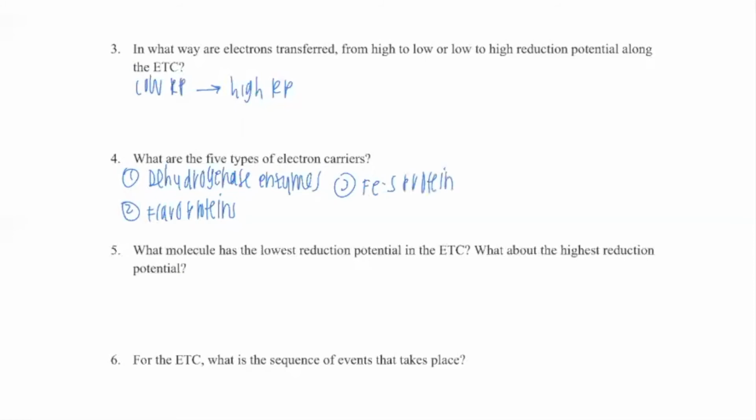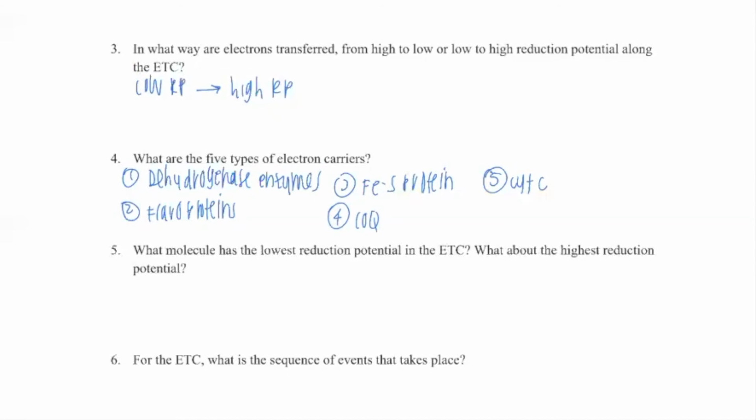And then this is where we get to the important ones, right? So we have CoQ or coenzyme Q, and then we have cytochrome C, right? So these last 2, you should know a little bit about their structure. Where specifically in the ETC do you find them? And the number of electrons each carries.